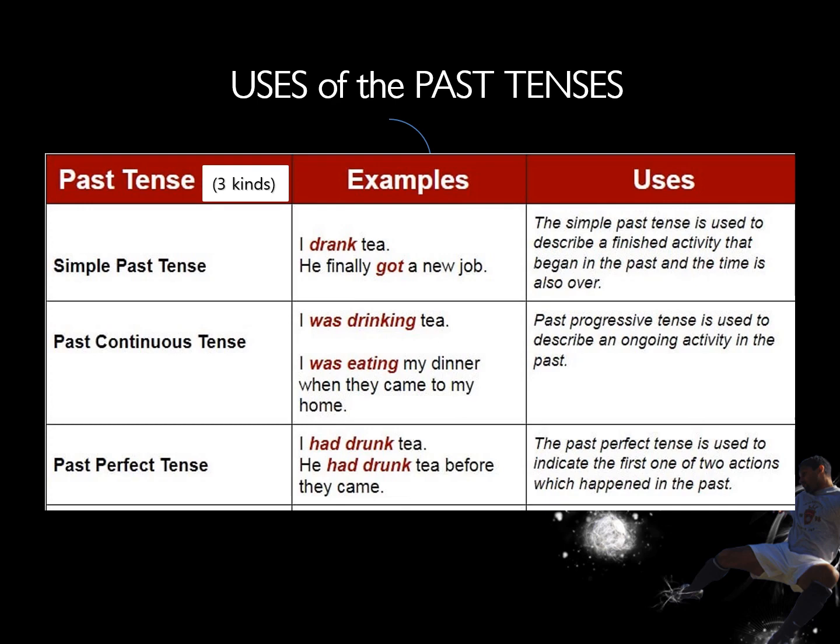Past perfect tense. I had drank tea. He had drank tea before they came. The past perfect tense is used to indicate the first one of two actions which happened in the past.